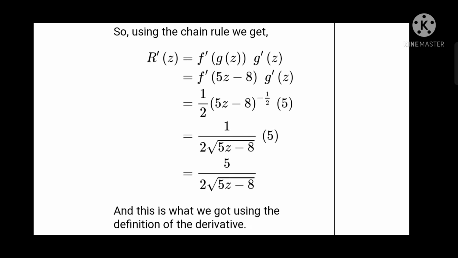So R prime equals 1/2 times (5z minus 8) to the power of negative 1/2 times 5. Then that is equal to 1 over 2 square root of 5z minus 8, times 5. The final answer is 5 over 2 square root of 5z minus 8.